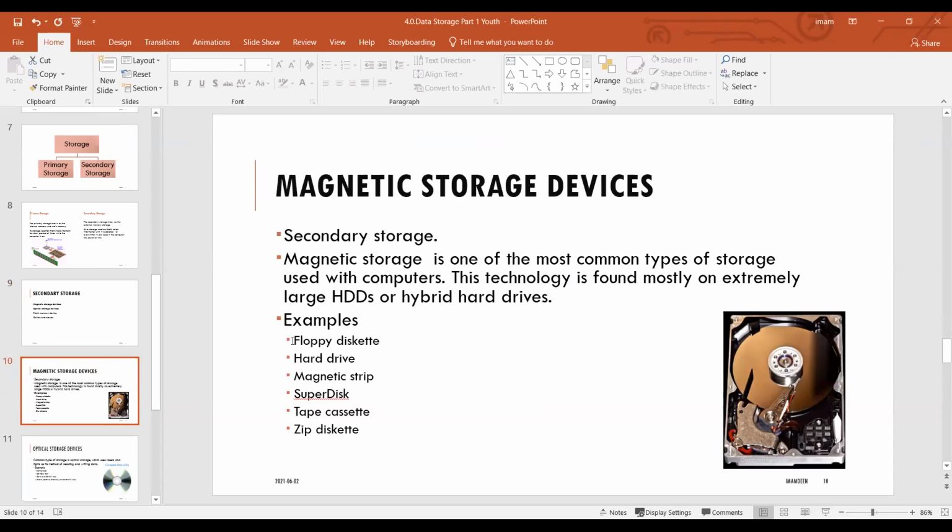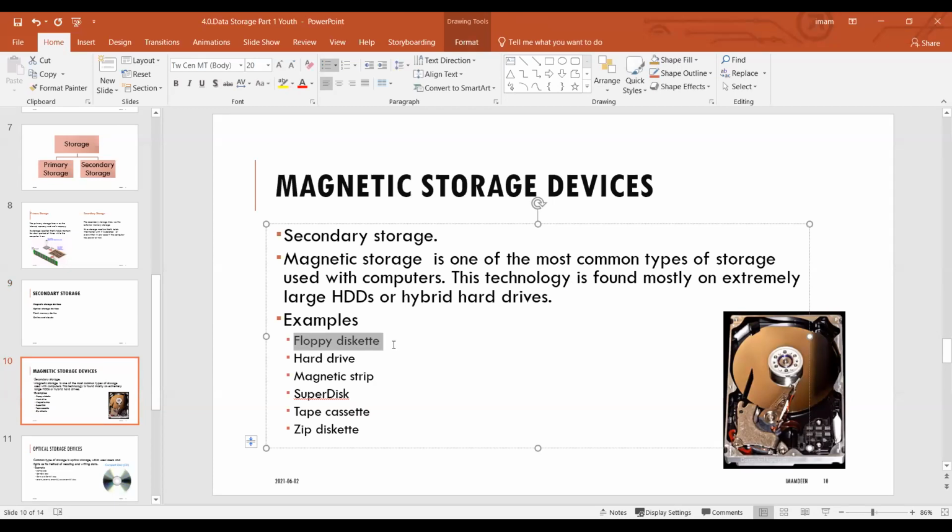A floppy disk is an old one, like we had around 2000, 2001. In those years we had floppy drives. Now we don't use floppy disks, right? We use hard drives, pen drives and chips. Tape cassettes and zip drives we don't have nowadays. It's totally changed.